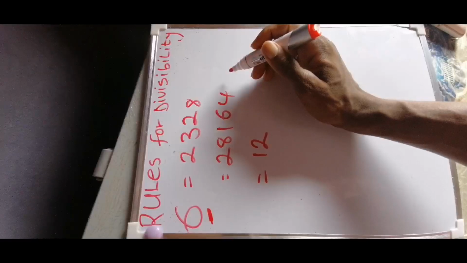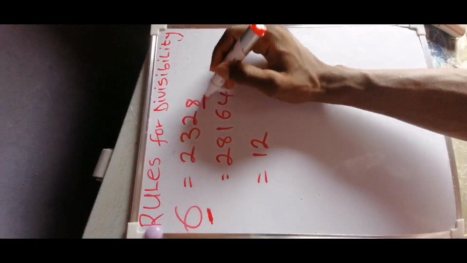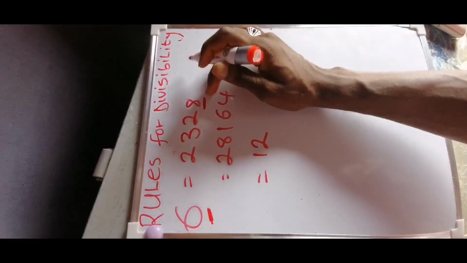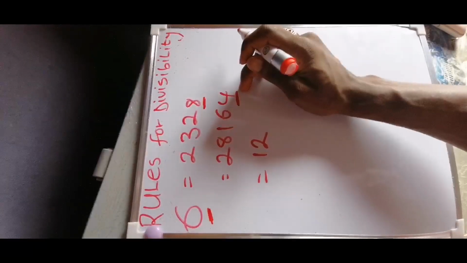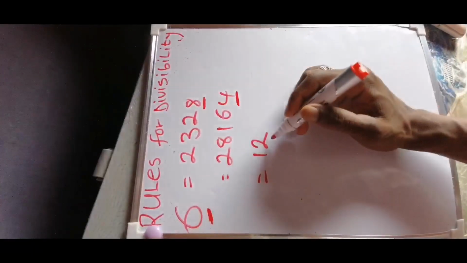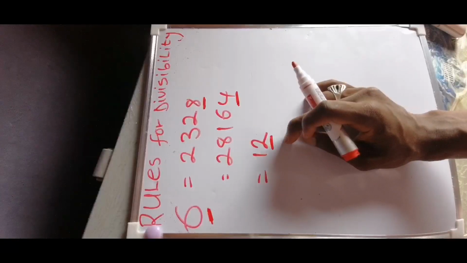the digits is divisible by 3. If the last digit is even, this is the last digit, so 8 is an even number, and here is 4, so 4 is an even number. Here we have 2, an even number.